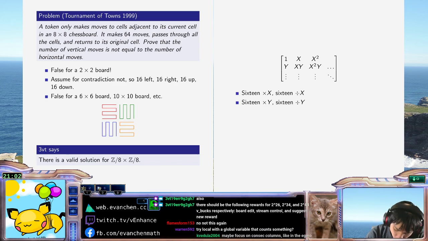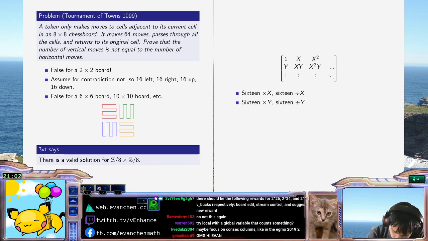If I wanted to abuse smallness of 8, what would I say? Like at each of the corners? I think the thing is because 3VT is saying that there's an example if it's a torus instead of a board, maybe we really have to use the fact that the board has edges as well.